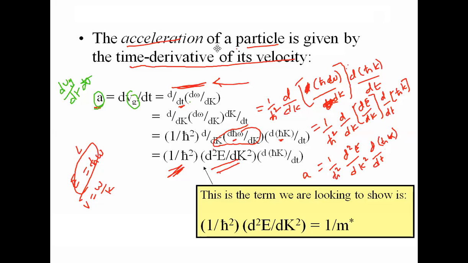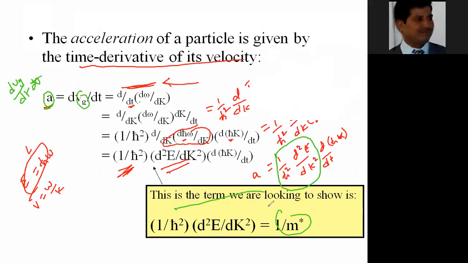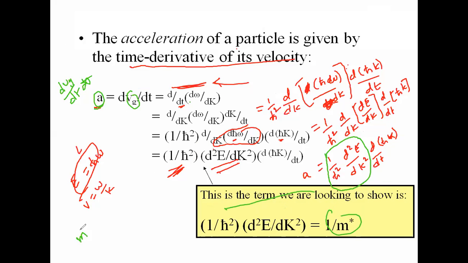So now there is a term given here. So what is that? This is the term we are looking for. So 1 by, what is this? Tell me. Here, m star we already noted that h cross square by d square E by dk square.